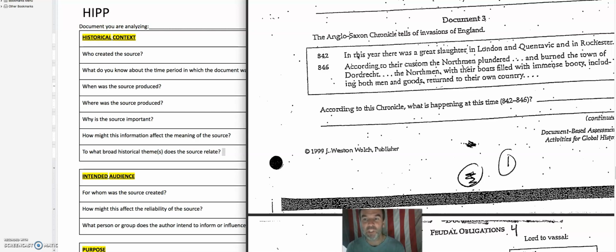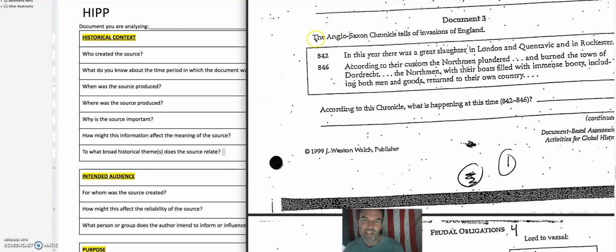Again, we don't see the word unsafe here, but we have to start to infer things. From this point of view, the Northmen are the bad guys. And based on the Anglo-Saxon Chronicle, the people from London and Quintavik and Rochester and Dordrecht are the good guys.